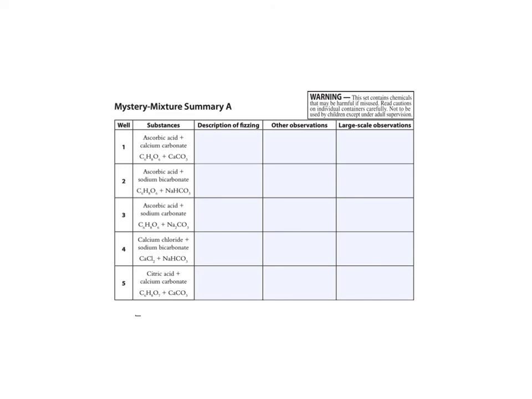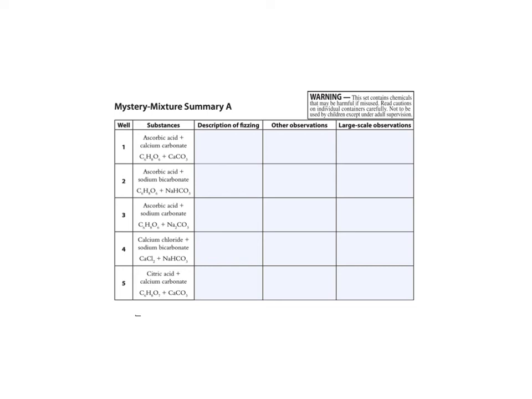Next in your Canvas lesson, you'll be asked to upload this mystery mixture summary A and mystery mixture summary B to your Notability. Remember to put these worksheets in your science notebook in Notability. So just like before, you are going to combine 2 substances with water to describe their fizzing.